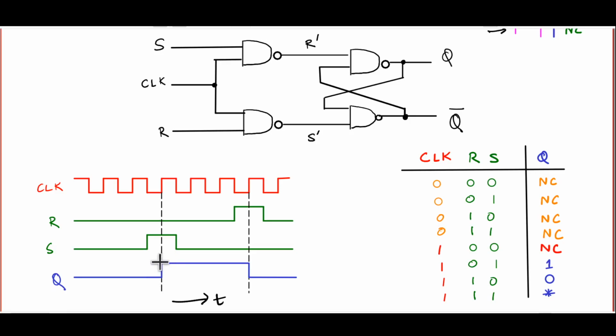So you have got a high Q. And this high Q continues afterwards, because after that, S has returned back to its natural value of 0, which means that no matter what happens to the clock, you are in the no change condition. In fact, you are in the no change condition even here, where R has gone high because the clock is still low. It's only when the clock goes high next that the latch will be reset and Q will return to 0.